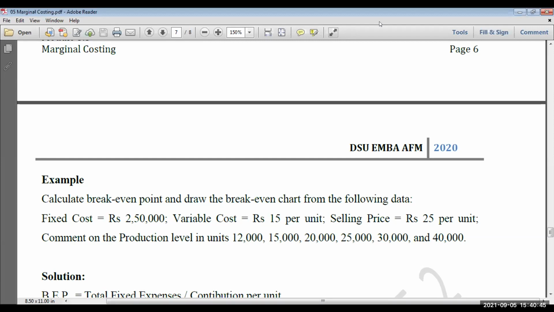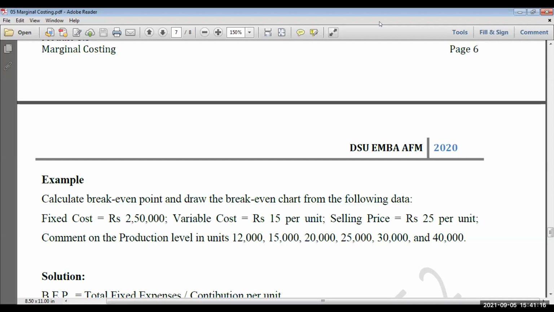Okay, I'll give you another question. The management wants 2 lakh rupees as profit. How many units are to be sold? For the same data, you can just add this one more point.